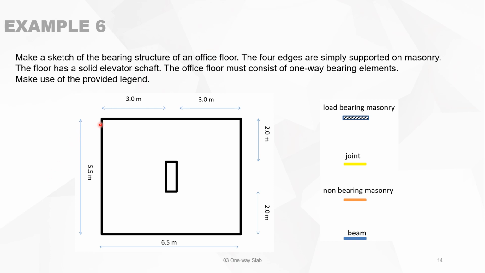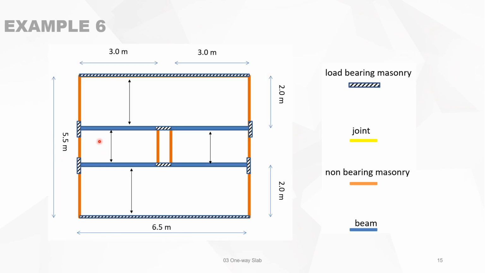Another example is this one. Here we will use load-bearing masonry. Joints will be marked in yellow, non-bearing masonry in brown or orange, and beams in blue. When we look for a solution, you will see that the brown is non-bearing masonry.